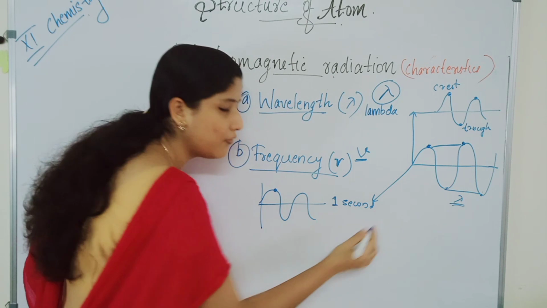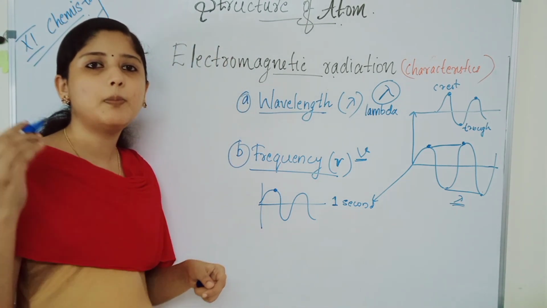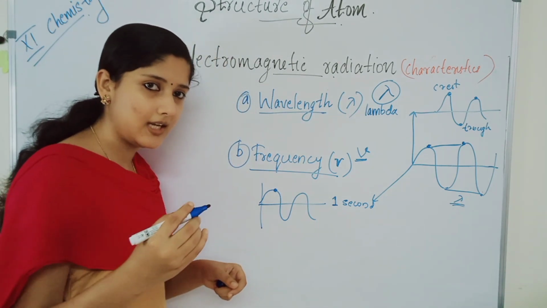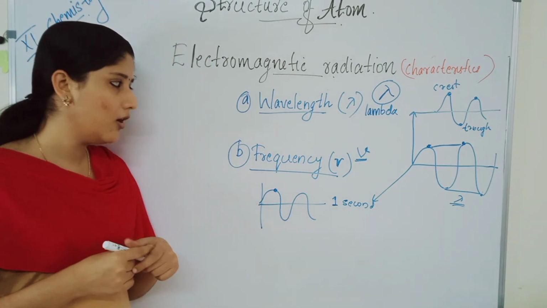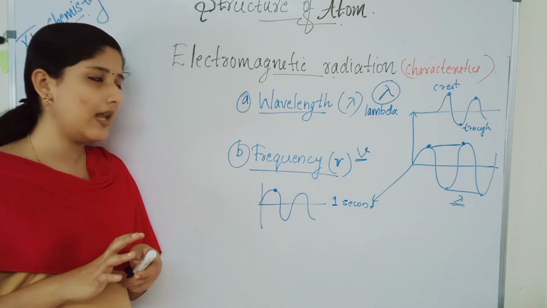The number of waves that pass through a particular point in 1 second is known as frequency. Consider this as a wave. Remember the definition of frequency and also lambda.